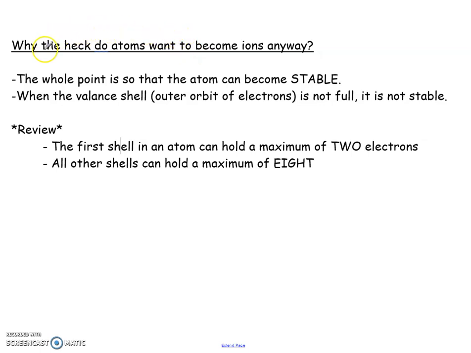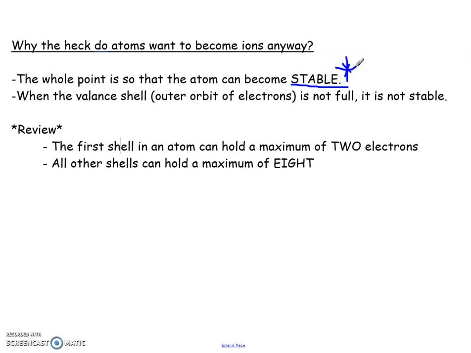So why do atoms want to become ions anyways? This is the key. The whole purpose of making an ion is so that the atom can become stable. Let's explain what stable means.